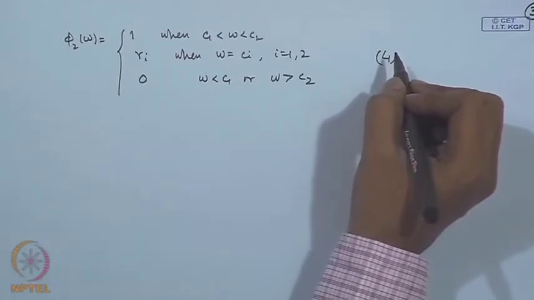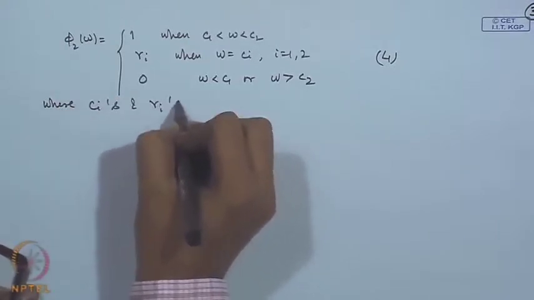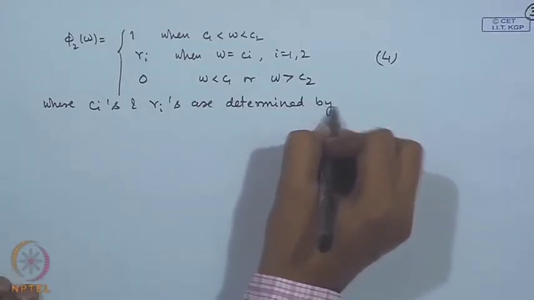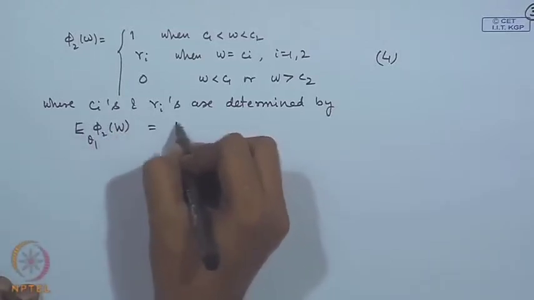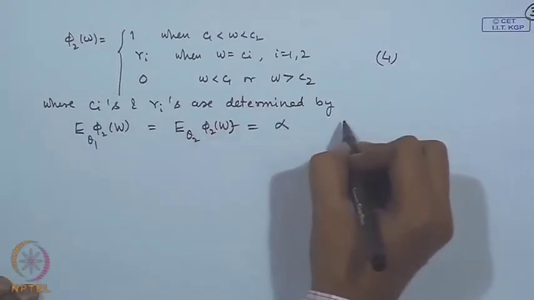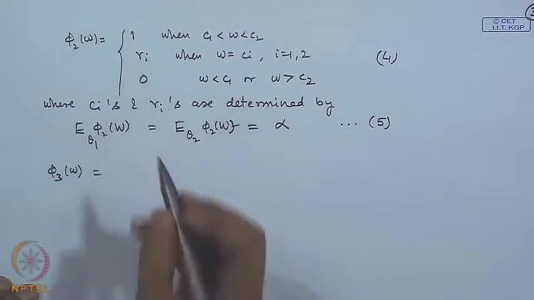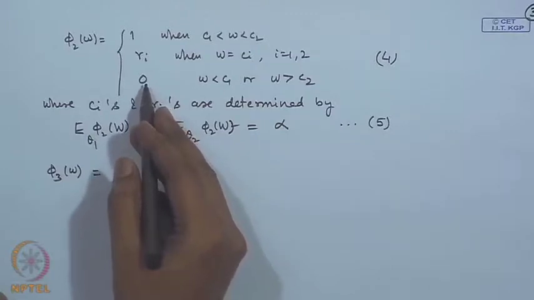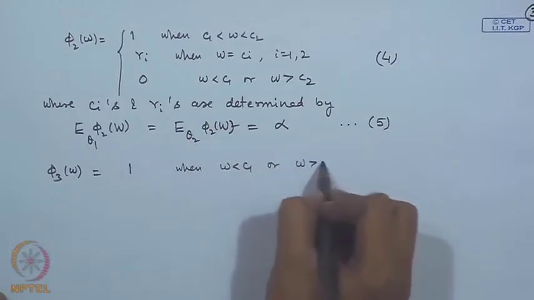And C i's and gamma i's are determined by expectation of phi 2 of W at theta 1 and expectation at theta 2 of phi 2 of W is equal to alpha. Similarly, phi 3 is given by the reciprocal of this one, that is, it will become 1 when W is less than C1 or W is greater than C2.